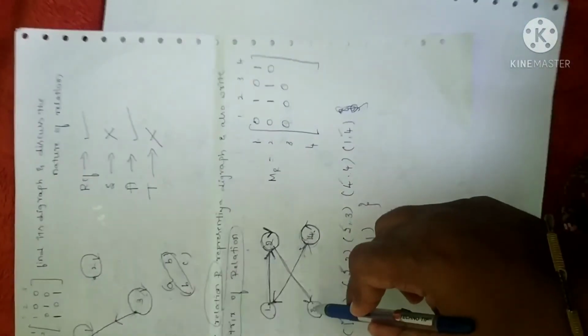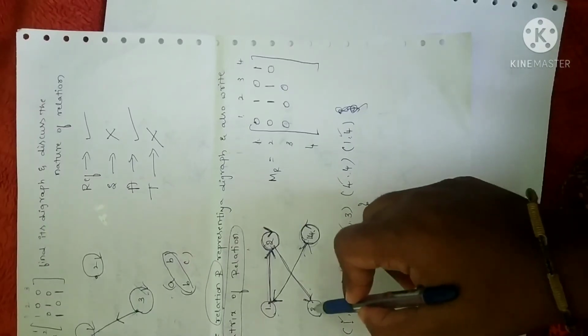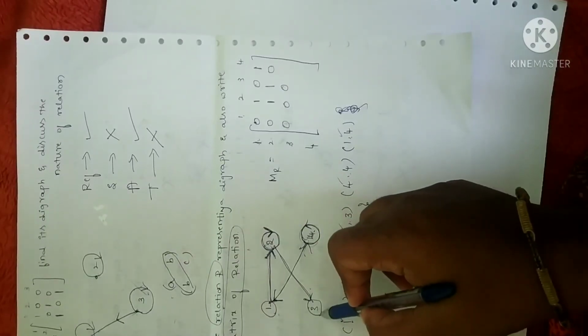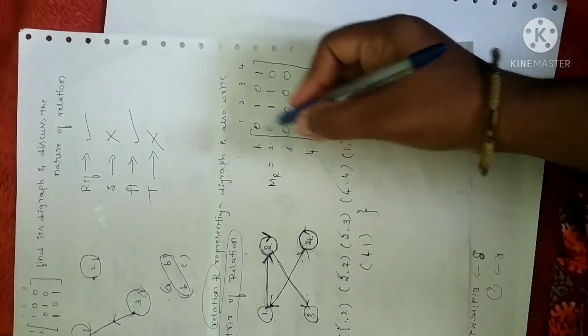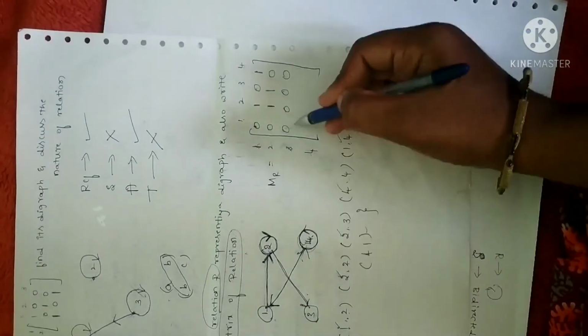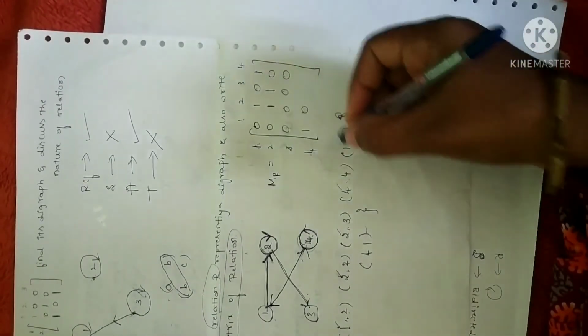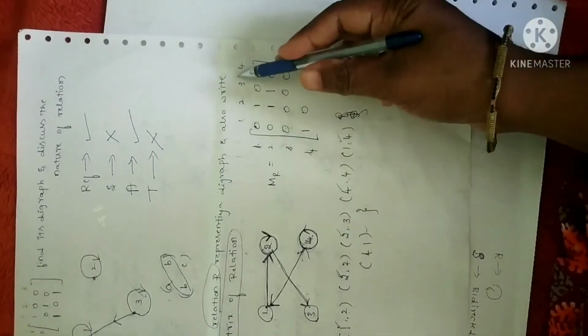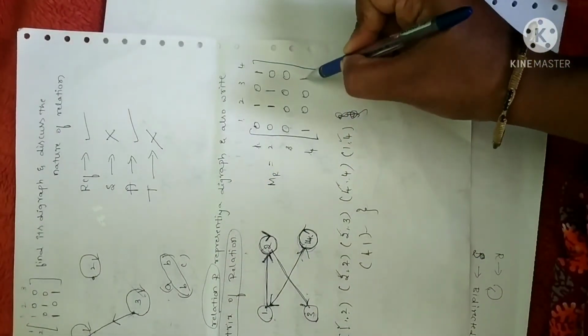Why? Because for 3 to 3, I have not drawn any direction or arrow mark, so there is no self loop. 3 to 4, no, so 0. Again 4 to 1, yes it is, so let me mark it as 1. Next 4 to 2, there is no edge, make it 0. Next 4, 3, no, 0. Next 4, 4, yes I have, so it is 1.